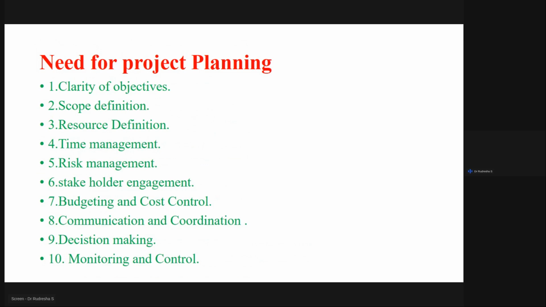Seventh, budgeting and cost control. Eighth, communication and coordination. Ninth, decision making. Tenth, monitoring and control. In total you have 10 points.